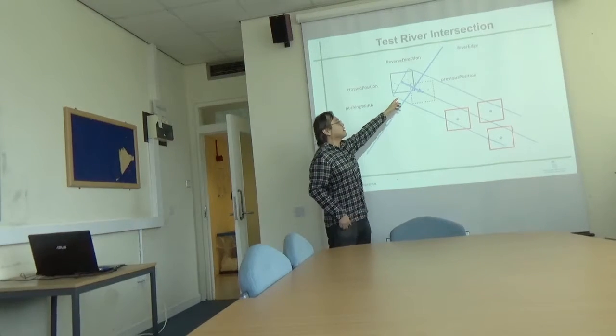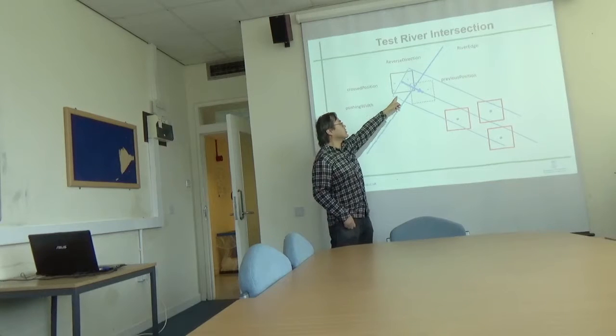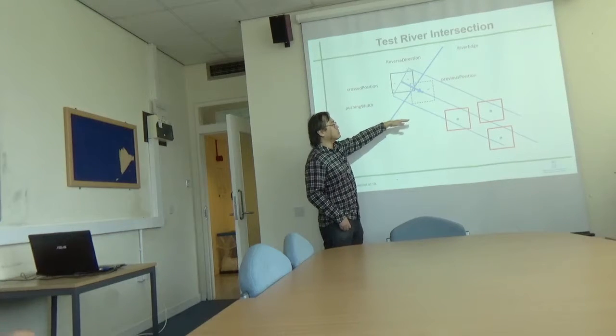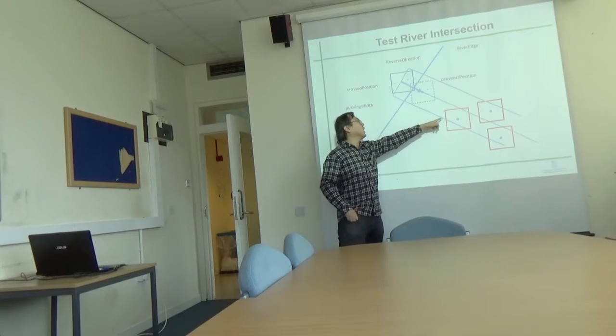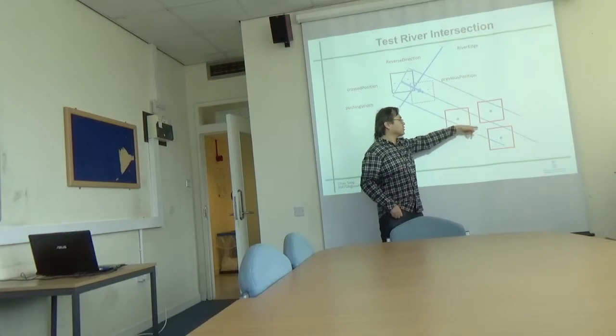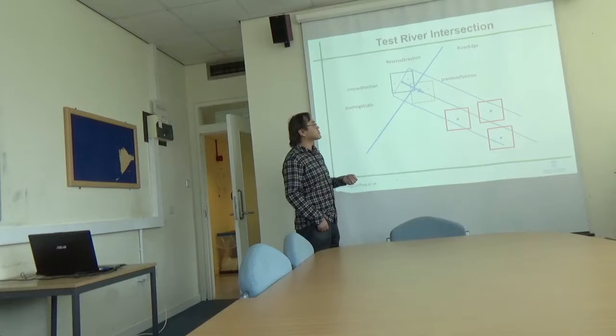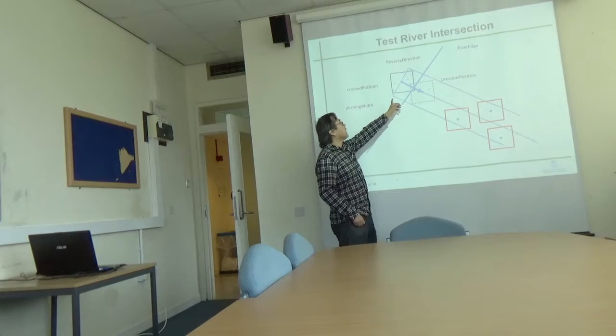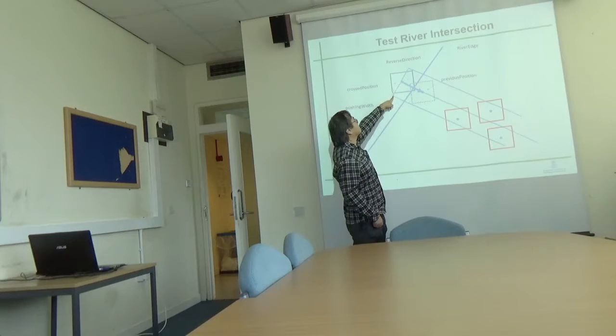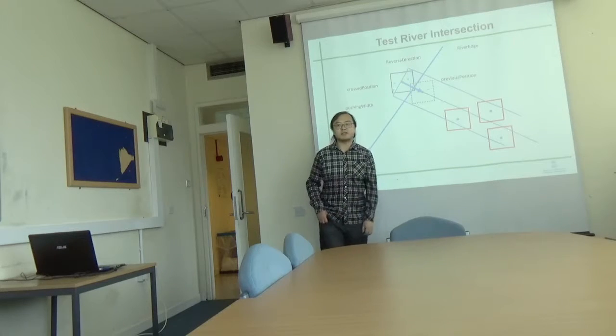So if we detect that situation, we push all these neighbors, for example, the right rectangle, in the same pushing direction. The test range can be modified by the user.